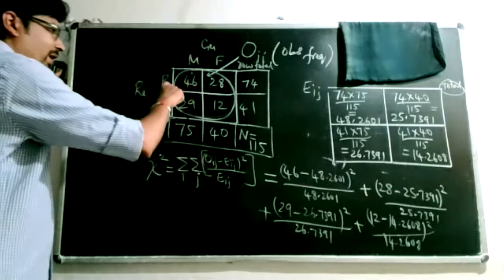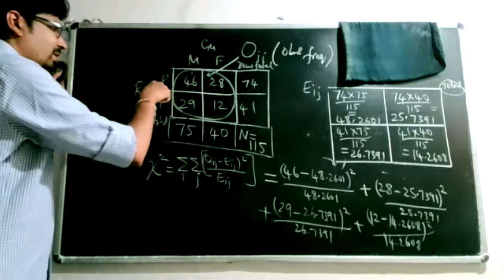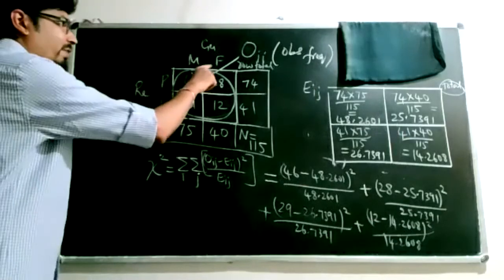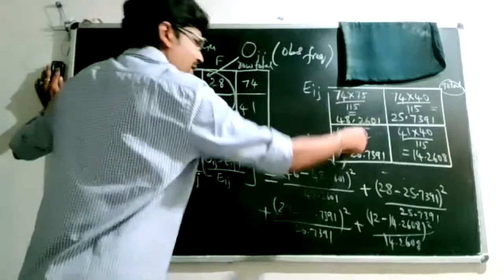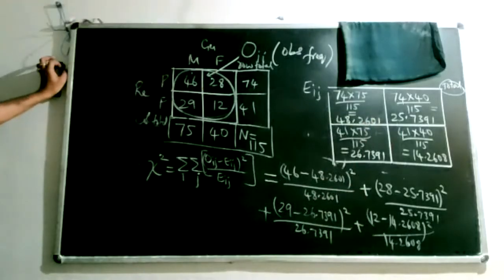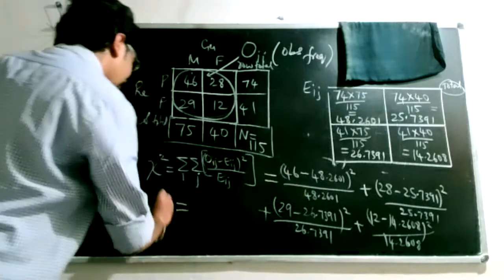If you have another class, say, maybe pass class, fail class, and distinction class, then you'll have 3 and 2 values here, 3 into 2, 6. So in that case, you'll have 6 OIJs, 6 EIJs, and you'll have 6 terms in the chi-square or the test statistic. Now use your calculator and obtain the total.